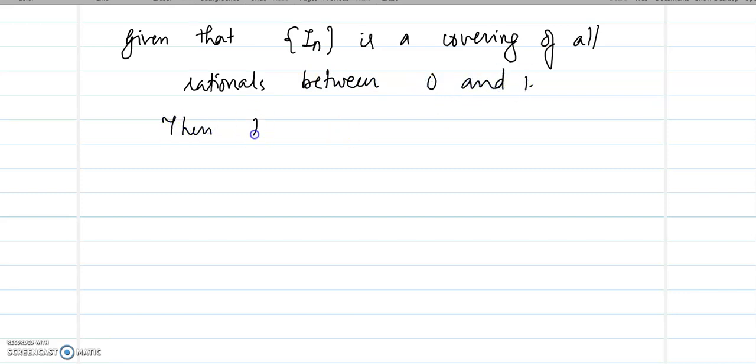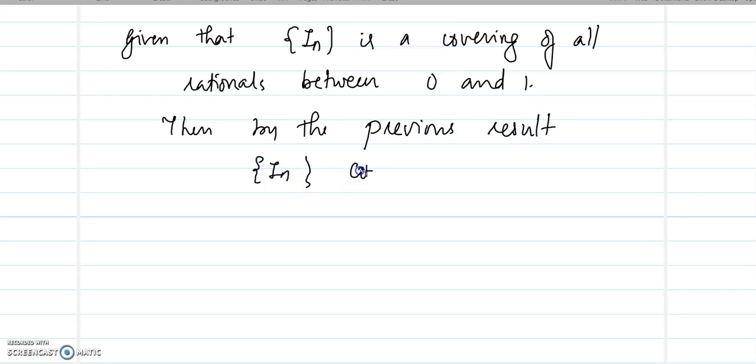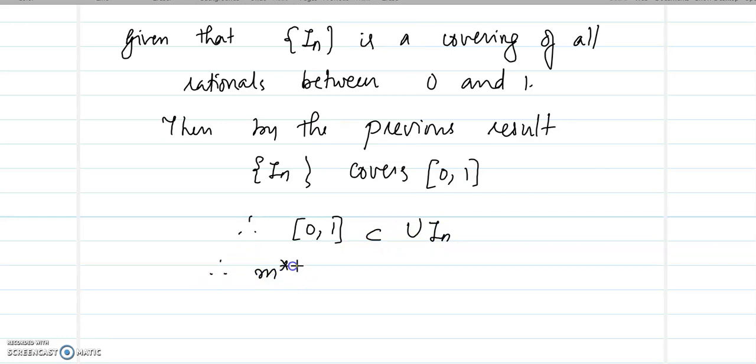Then by the previous result, the sequence I_n covers the closed interval [0, 1]. So therefore, the closed interval [0, 1] is contained in union I_n. So therefore, m star of the closed interval [0, 1] will be less than or equal to the summation of length of I_n.